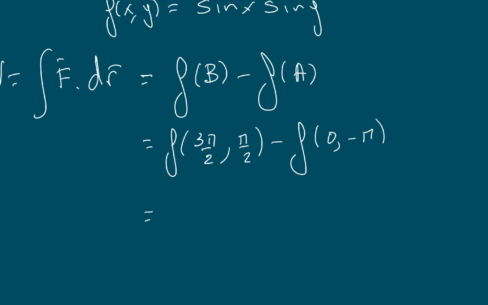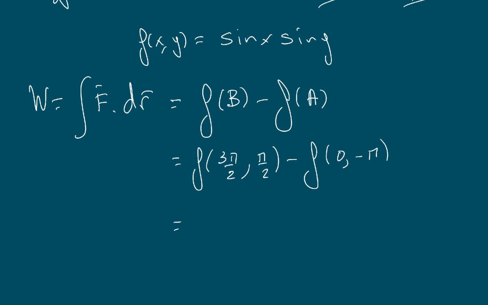Or in other words, sine of 3 pi divided by 2 multiplied by sine of pi divided by 2, minus sine of 0 multiplied by sine of minus pi.